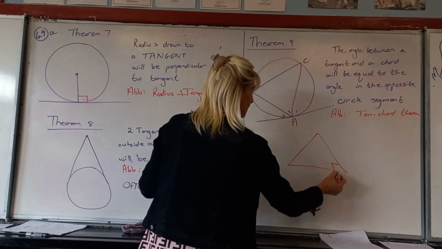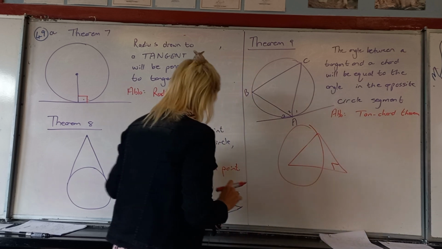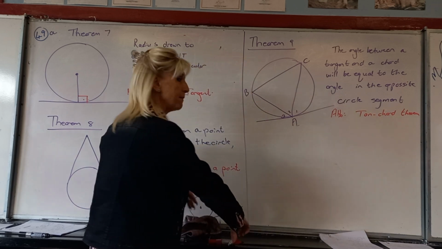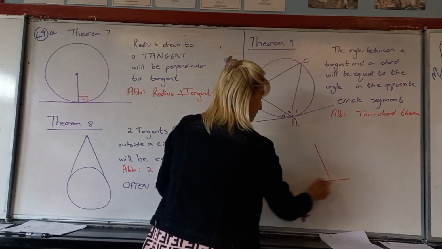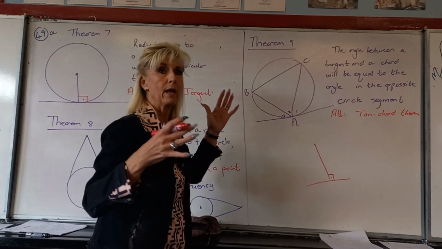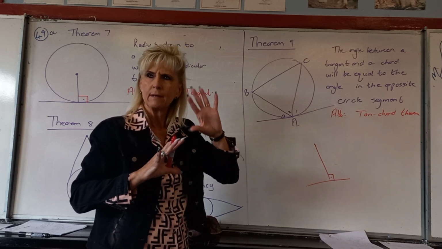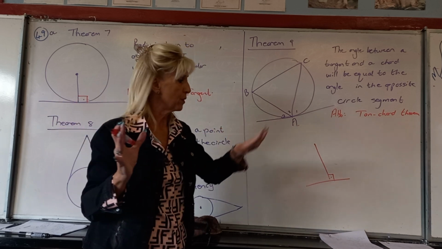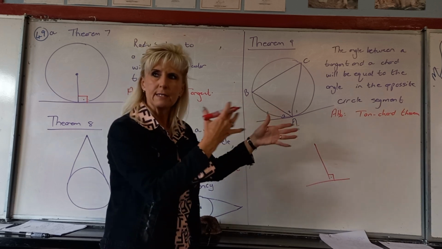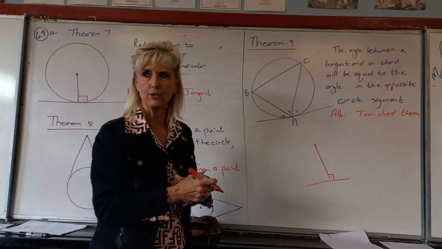Then you're going to tell me that it could be a tangent to some circle somewhere that was drawn in your sketch. I'm trying to make you see that it's going to be a little bit outside the box thinking, without an actual circle there. You'll be told, okay, let's see if you can prove that it is a tangent. If there's 90, then it will be a tangent as well.